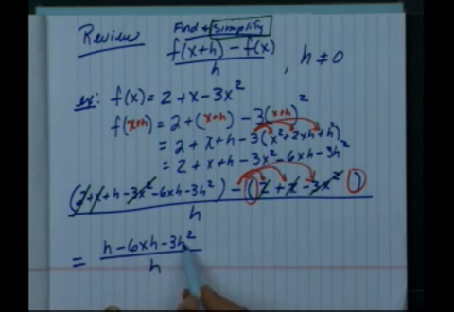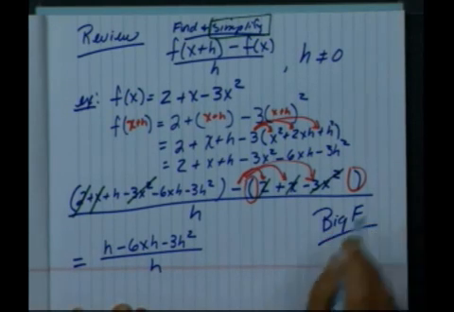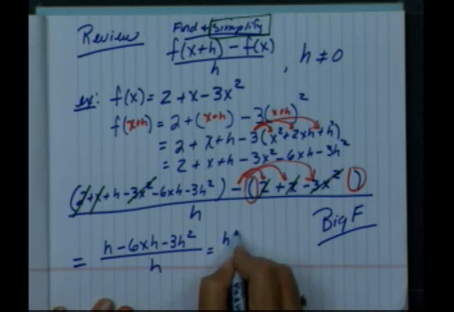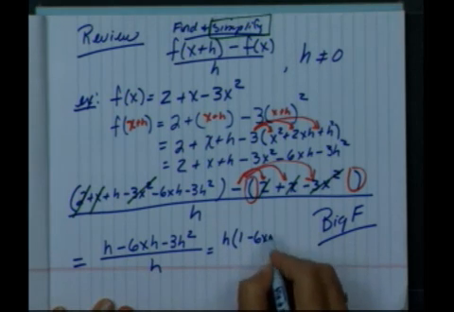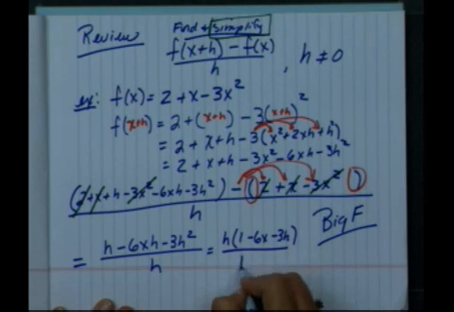All right, so how do you simplify this? Take out an h. What's the big word? Factor. All right, I'm going to call this the big F. The big F. We're going to factor. So factor out an h, and we have 1 minus 6x minus 3h, and then we have this over h.